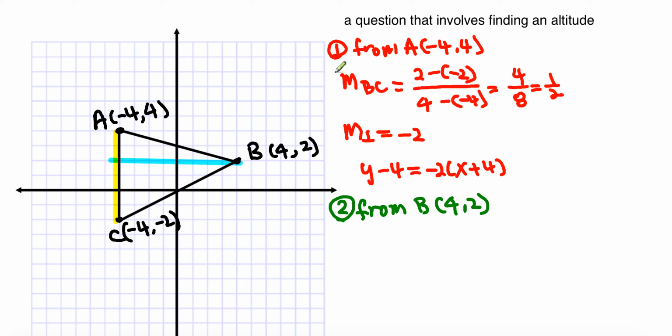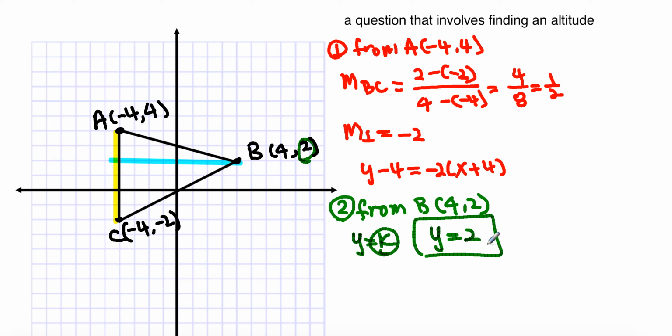So I could find the slope and negative reciprocal, but in this case I can clearly see that the blue line has to be horizontal while yellow is vertical, that means my equation will be y equals k. Now, what is the k value? That's equal to 2. So the equation for this one will be y equals 2. That is my equation of the altitude from B. And this one was the equation of the altitude from A.